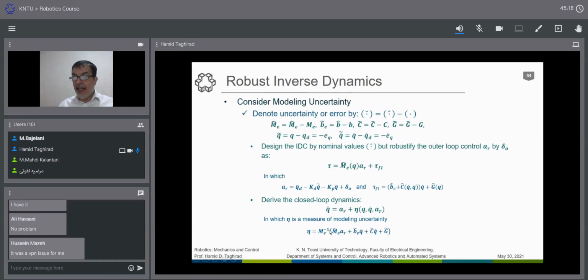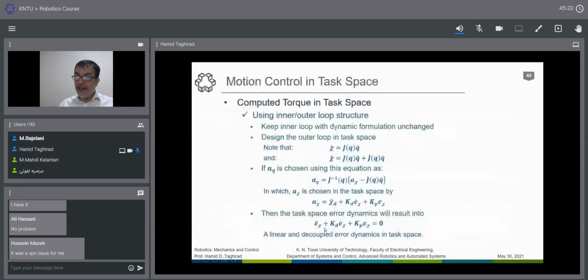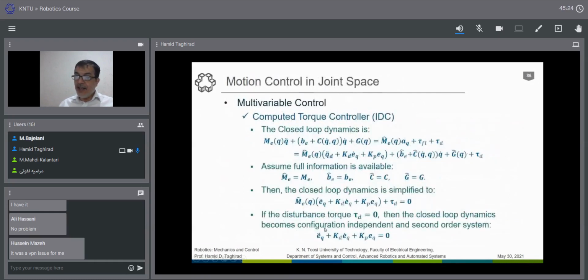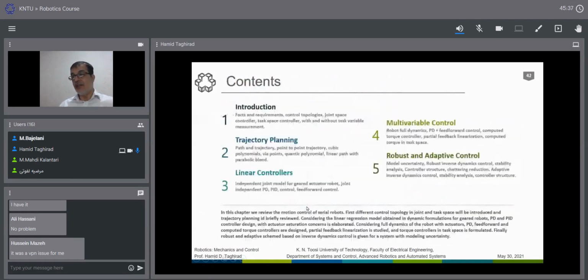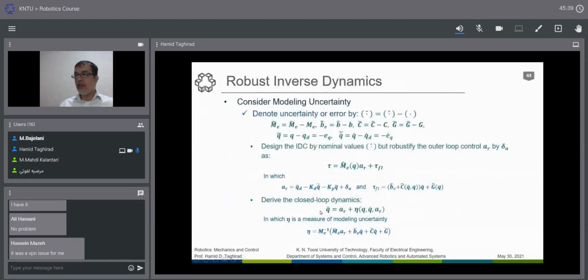And this M hat comes into the picture. If I go back here, this M hat, as you see, comes into the picture. It was multiplied by this error equal to 0. So we should also include M hat inverse in the picture of this system. Just write the closed loop dynamic.